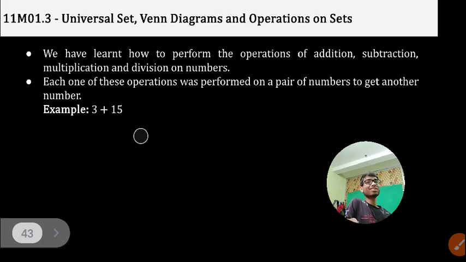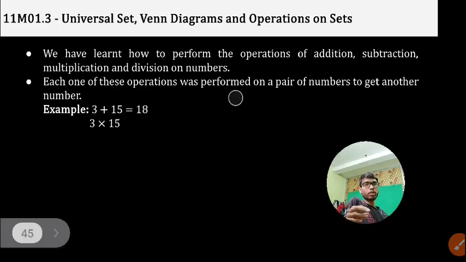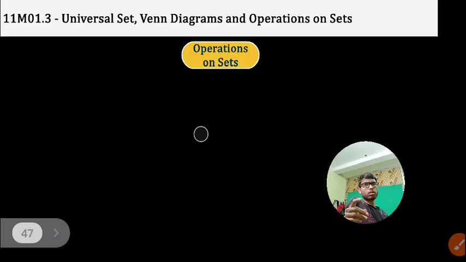Here plus is addition, which is the operator. By adding 3 plus 15 we are getting 18. So this is the addition operation. Now here, 3 times 15 is a multiplication operator.